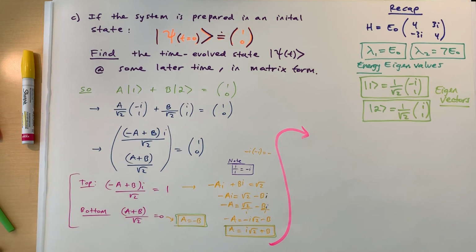Let's see. We're gonna go back to, we're gonna put these two together, and we're gonna find that if I plug in this B, okay, so if I do negative A equals B, right?